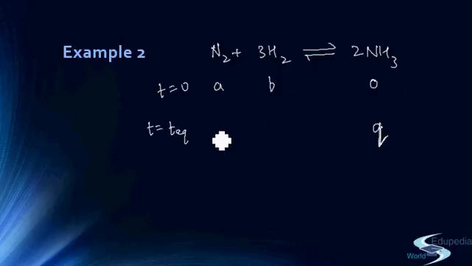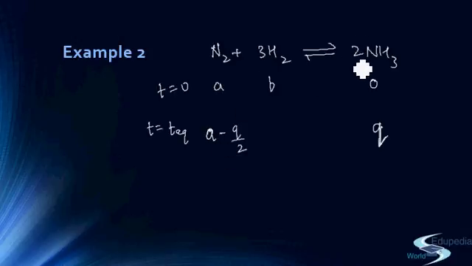So this means the moles of nitrogen consumed will be Q by 2, and A minus Q by 2 is the moles of nitrogen left at equilibrium. Is this clear? Why is that?